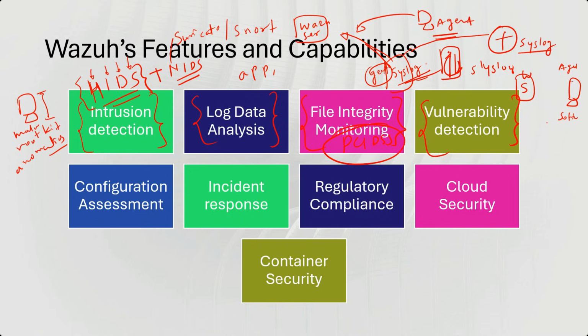These are all inventory from the Wazuh agent's point of view. And then it sends that information to the Wazuh server, where this information will be correlated with the CVE information.